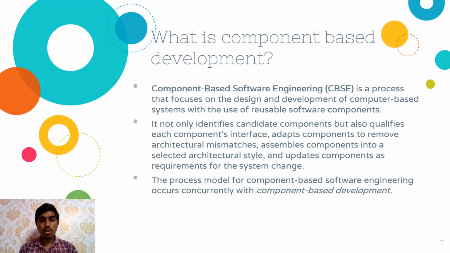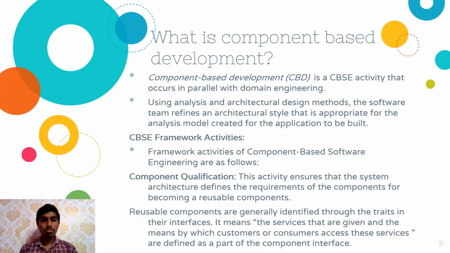The process model for component-based software engineering occurs concurrently with the component-based development. Component-based development (CBD) is a component-based software engineering activity that occurs in parallel with domain engineering. Using analysis and architectural design models, the software team refines an architectural style that is appropriate for the analysis model created for the application to be built.